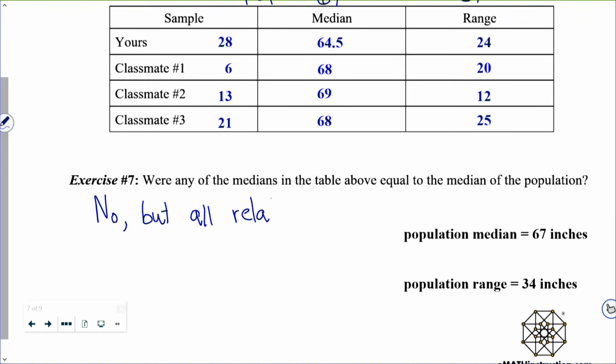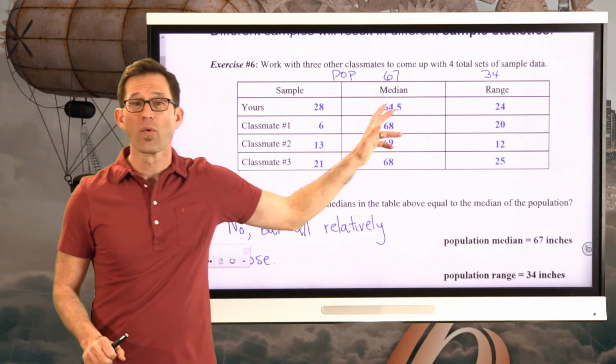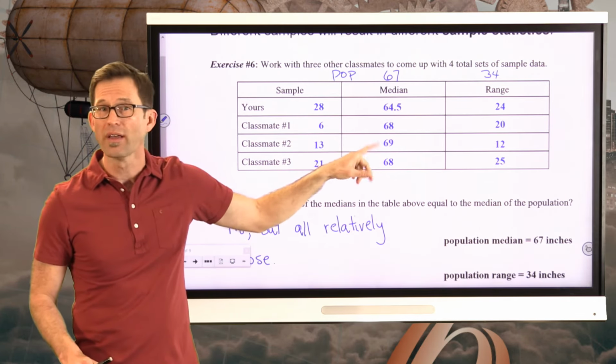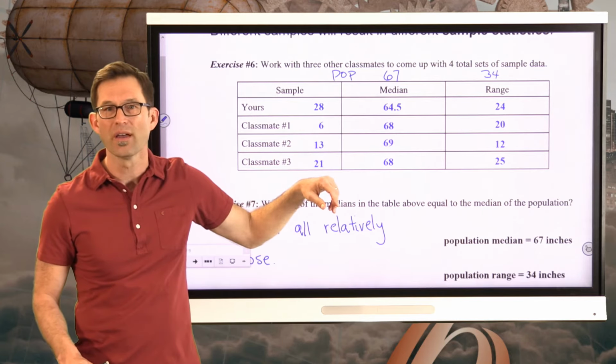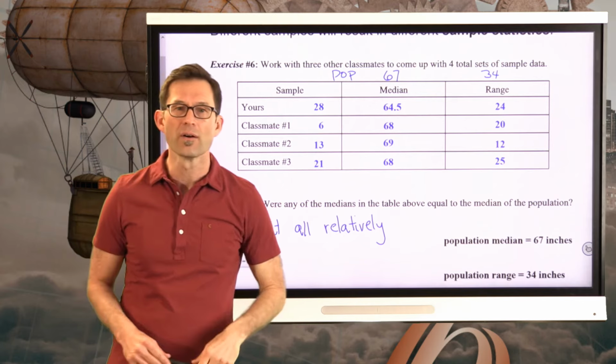All right, and they were all relatively close because we did a nice systematic random sample. In fact, mine, for my birthday, was actually farther away than any of the others. These are really quite nicely close, right? 68, pretty close. The 69, a little bit farther away, again, another 68 there.